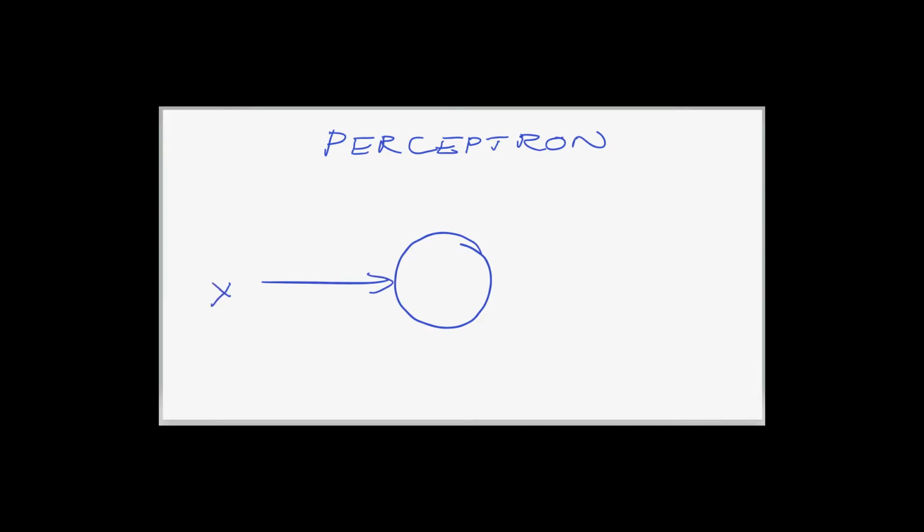The fundamental building block of neural networks is called a perceptron. Perceptron, in its simplest form, takes one input x and produces an output y in the form of y equal to wx, where w is a weight multiplied with the input x to produce the output y.